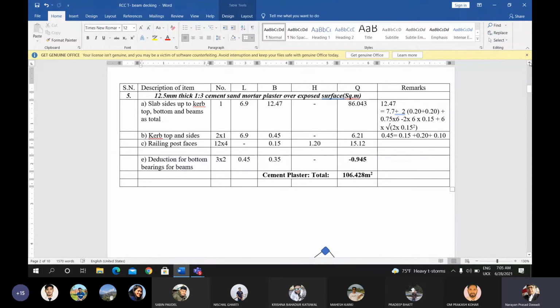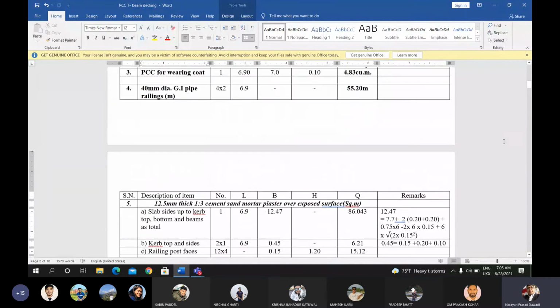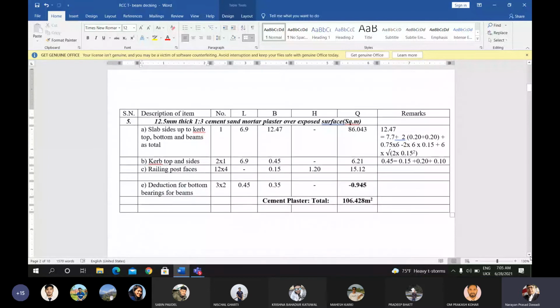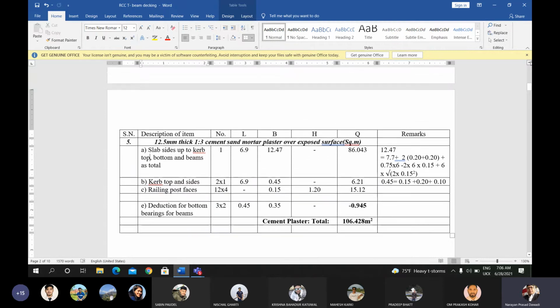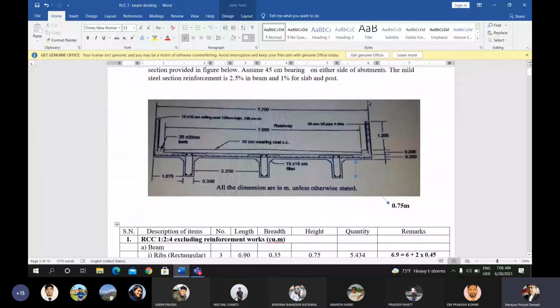In the examination, you may be asked up to question number 4. If you are provided with the plastering also, then you have to calculate the plaster area by considering the exposed surface of the deck. Up to this, the tutorial for calculating the T-beam decking is finished. This is the figure.